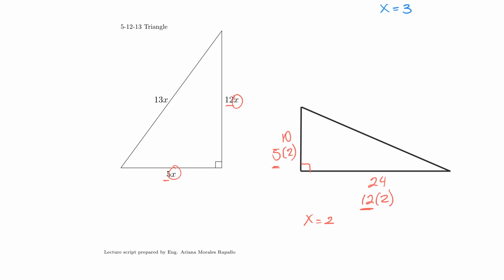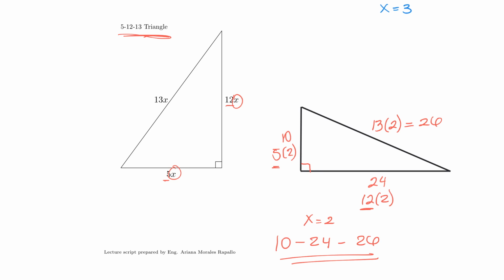So what will be the hypotenuse? Well, we have the 5, 12, 13 triangle, so the hypotenuse will be 13 times x, and in this case x is 2. So the hypotenuse will be equal to 26. So for this triangle, this Pythagorean triple will be 10, 24, 26.